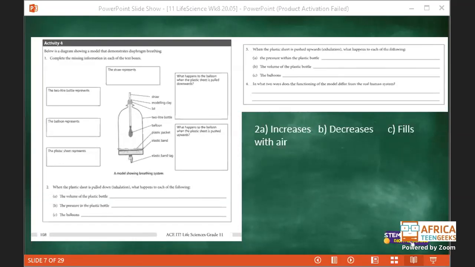Send through your answers, guys. What happens to the pressure within the plastic bottle? Does it increase, decrease, stay the same? What happens to the volume? And what happens to the balloon during exhalation? I'm going to give you guys 1 more minute.